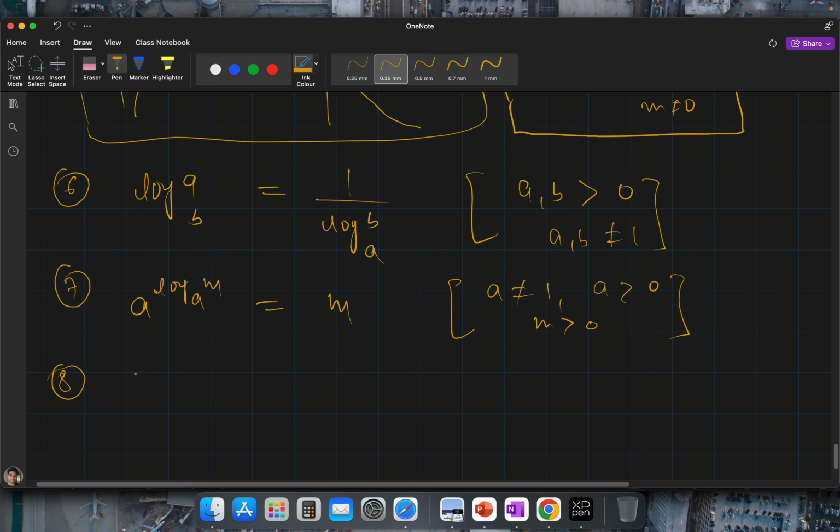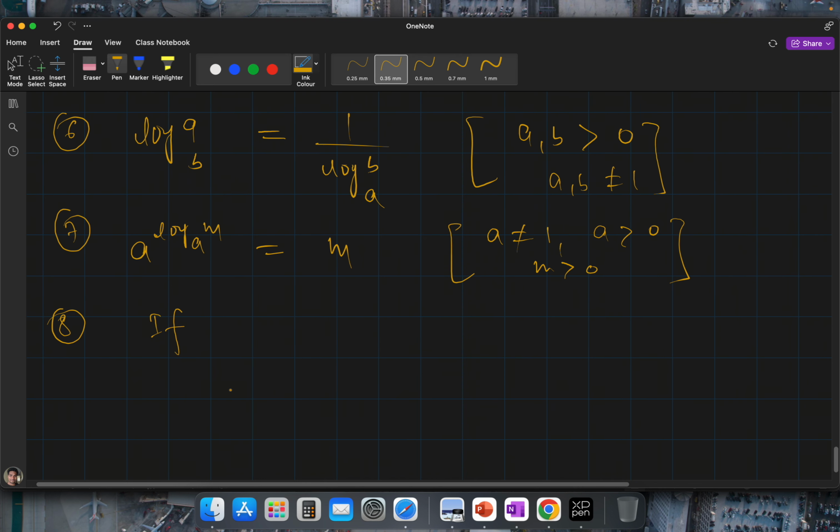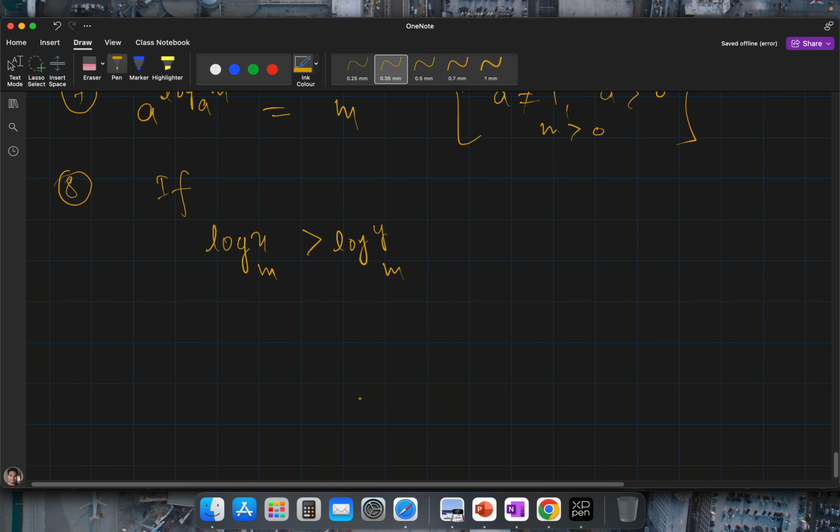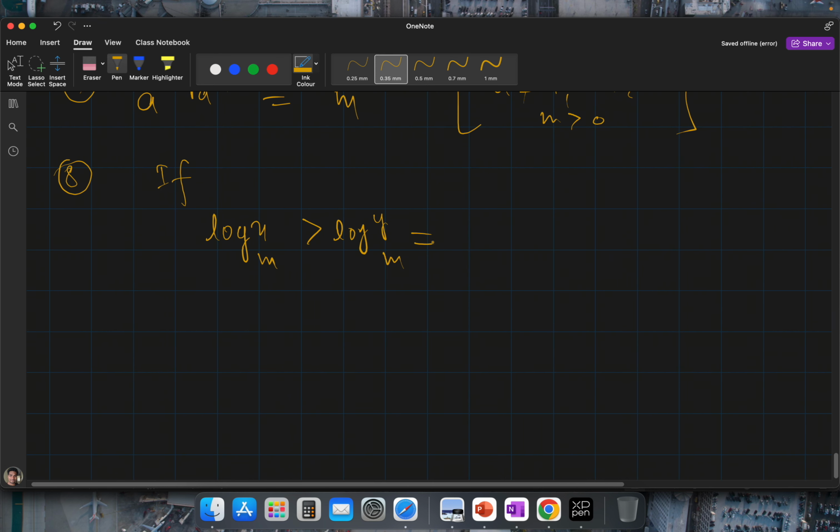Eighth property. This is very important. If log of x to the base m is greater than or equal to log of y to the base m, then there are two consequences.